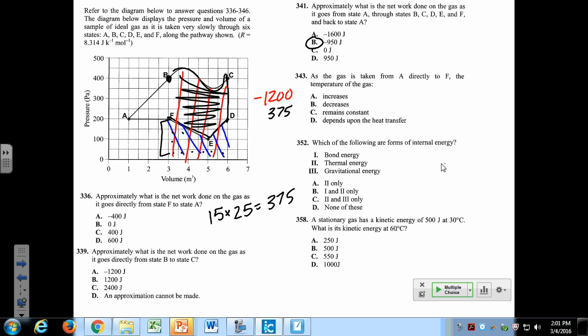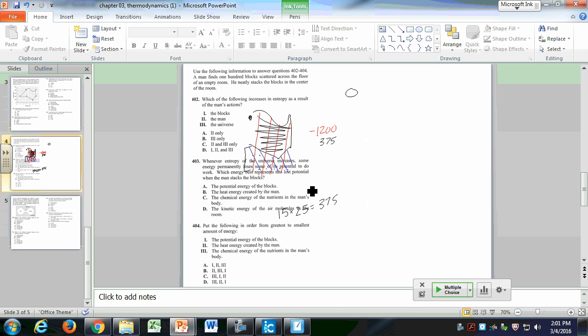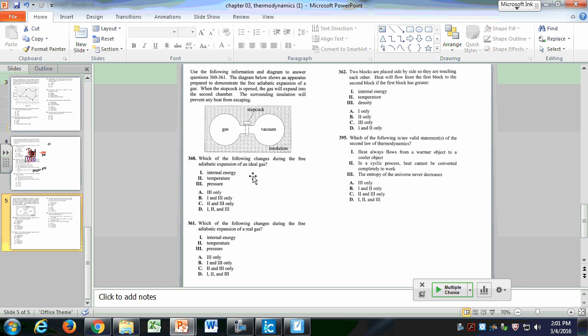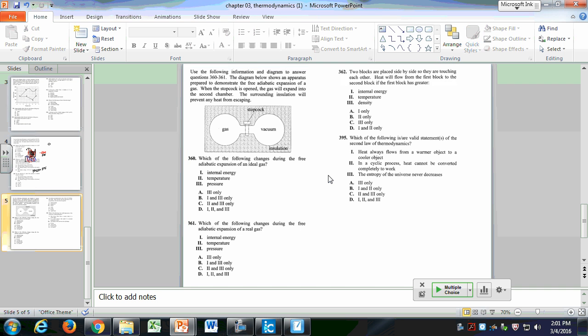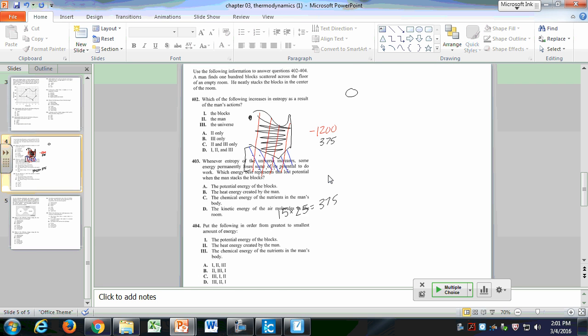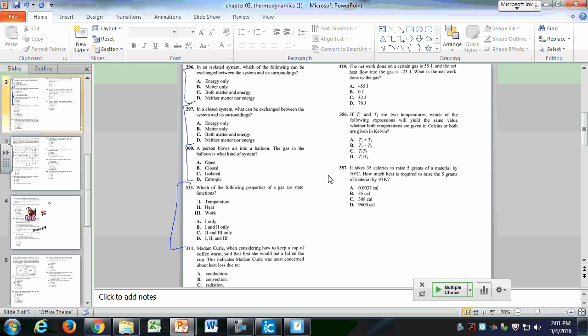I'm going to skip over the entropy section. In the section on entropy, they get into the second law of thermodynamics, and it basically says that in a system, the entropy will increase.